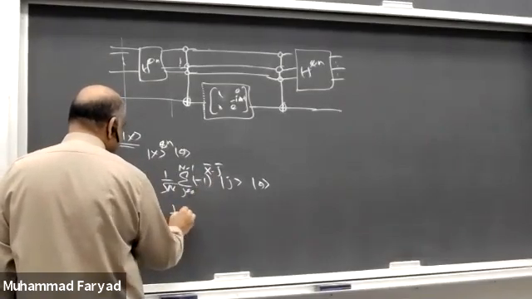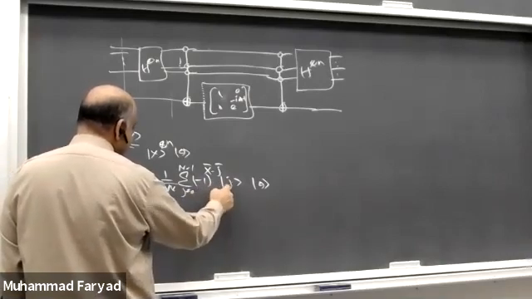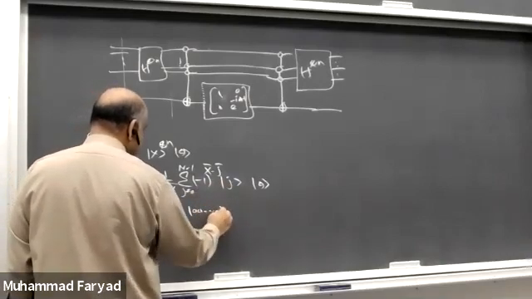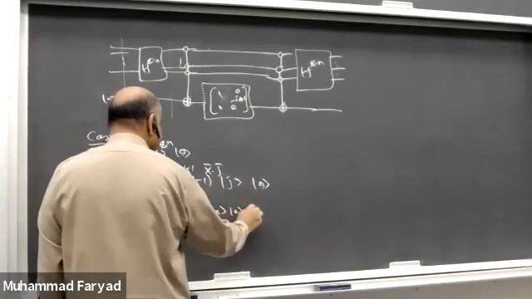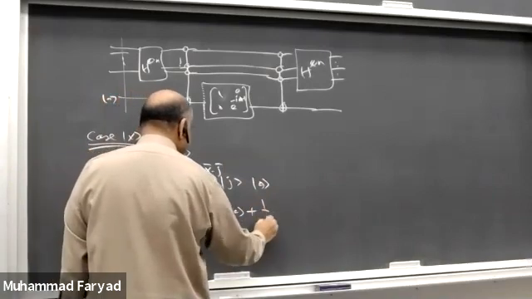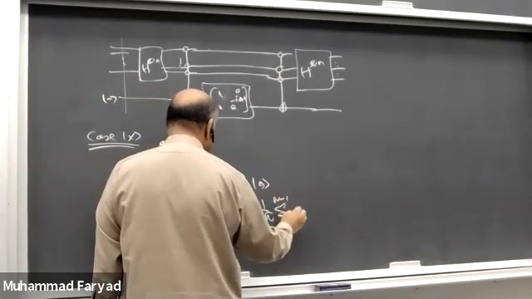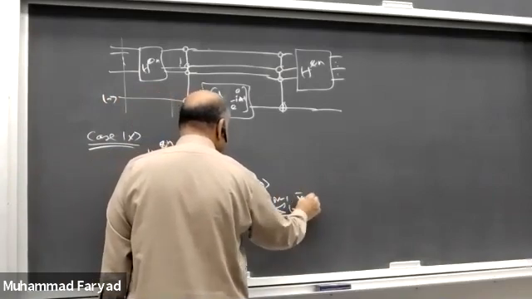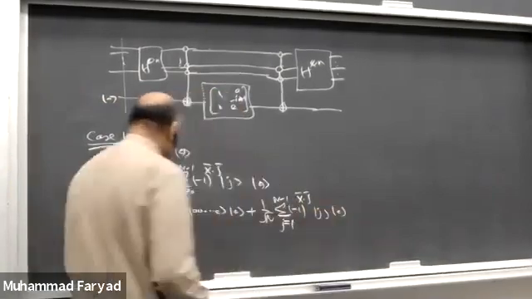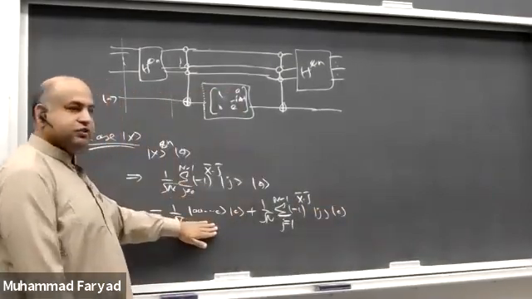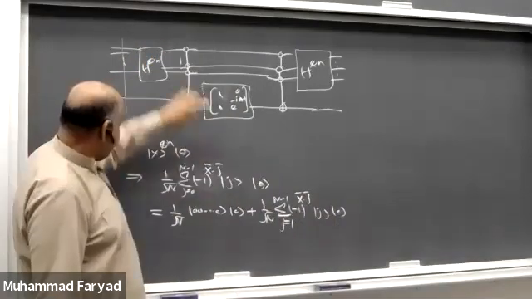One part is just the first term, for j equal to 0, where this is 0000 and this last bit is 0. And then whatever is left is 1 over square root n, sum j going from 1 to n minus 1, of (-1)^(x·j) |j, 0>.